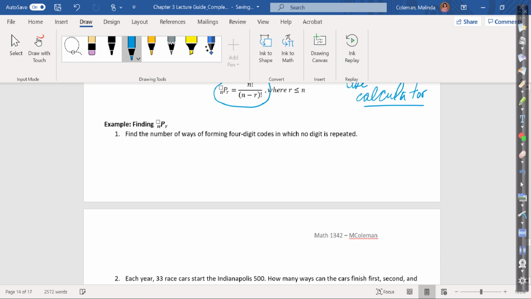So it asks, first example, find the number of ways of forming 4-digit codes in which no digit is repeated. If we look back at this as slots, remember that we had 10 times 9 times 8 times 7. This does not go all the way down to 1, so I cannot use 10 factorial. 10 factorial is not an option here.